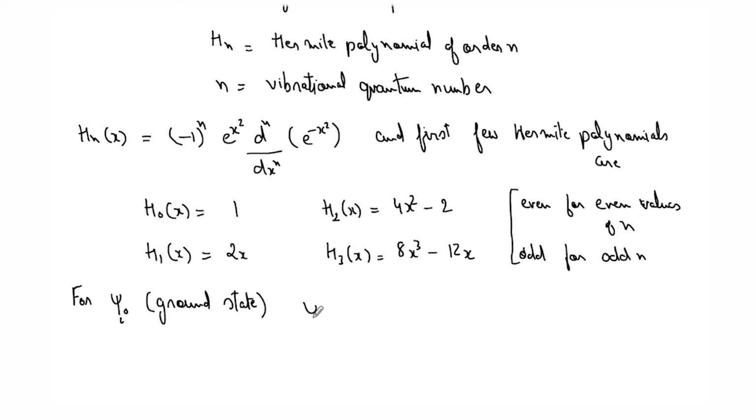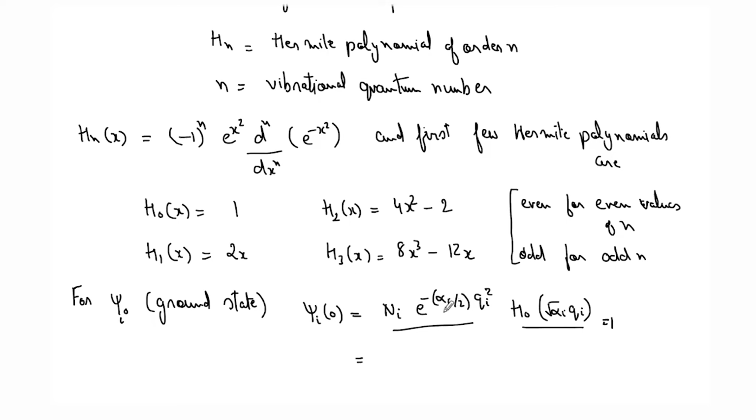So psi I0 is equal to Ni e to the power minus alpha I by 2 qi square, H0 of x, where x is square root of alpha I times qi. Now it does not matter what x is, H of 0 goes to 1. So this quantity is equal to 1, right? And now we are left with this quantity.